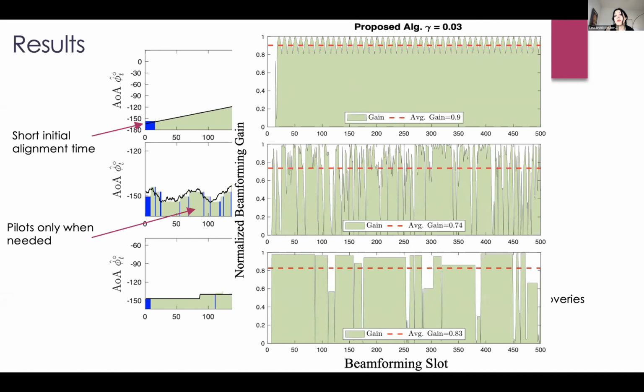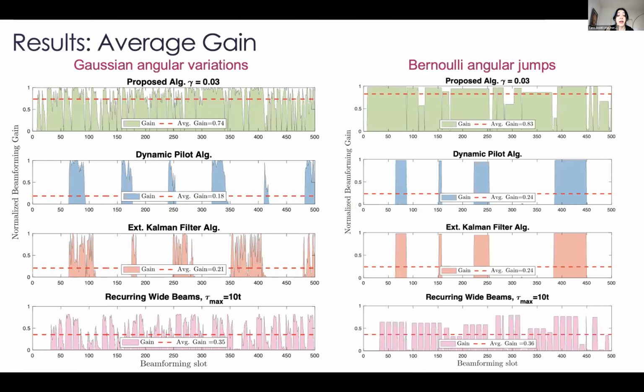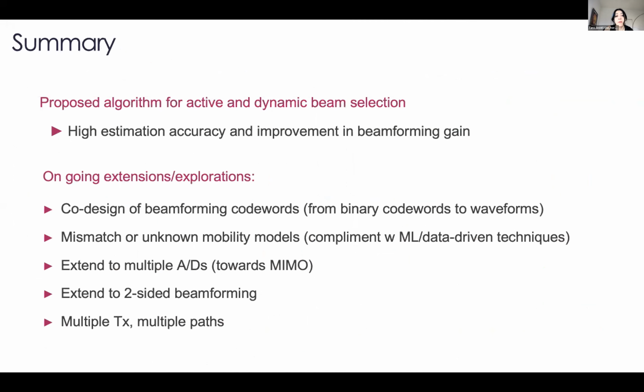I can get fairly high beamforming gain. And this is summarizing what I had been showing you: while other methods, under stochastic mobility, end up losing the communication a lot, this method allows you to remain aligned and uses this extra degree of freedom more actively.